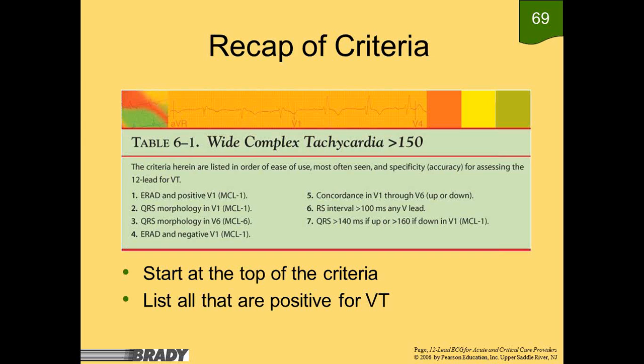And basically what happens with the Cannon waves, they're pressure waves. The atrium is contracting when the ventricle isn't open. So the atria contracts and there's no place for this blood to go but right back up through the vena cava and up into the jugular veins.